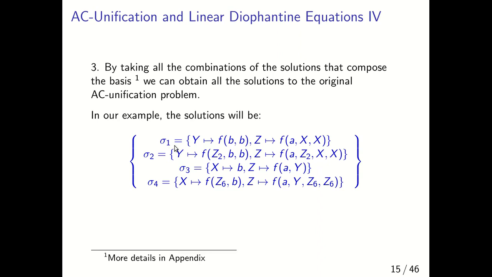So in our example, we have the solution sigma 1, which is y goes to f of b b, and z goes to f of a x x. I'll leave it for you to check.